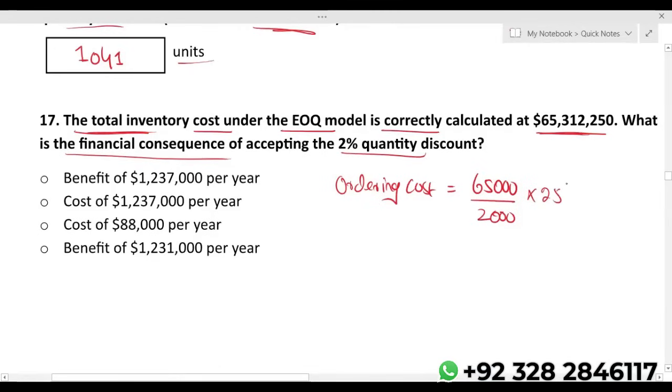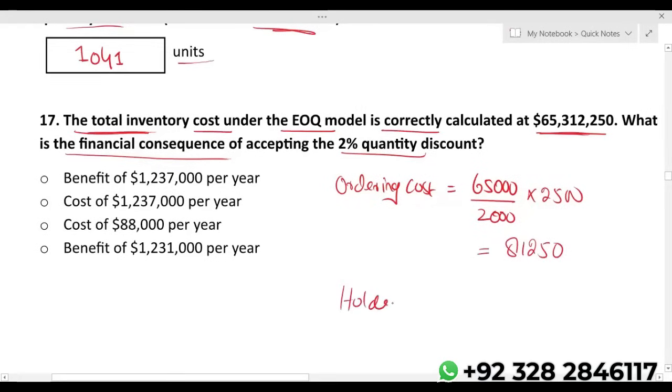Per order cost is 2,500. 65,000 divided by 2,000 will give us the number of orders annually, times 2,500 will give us total ordering cost. 65,000 divided by 2,000 times 2,500. Students, I'm getting 81,250.